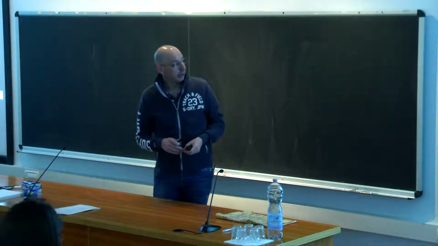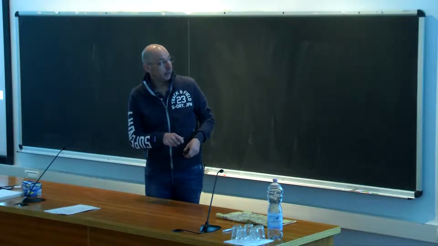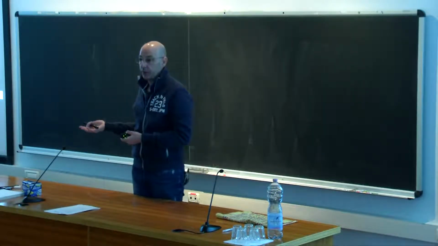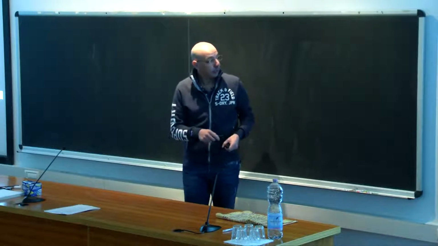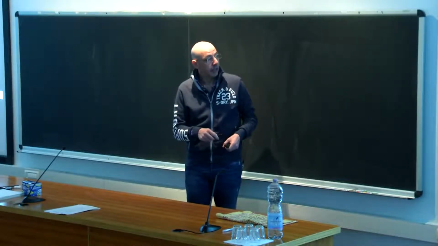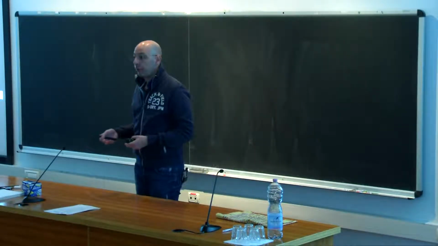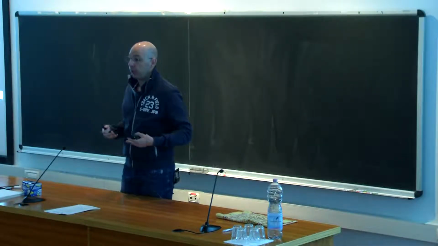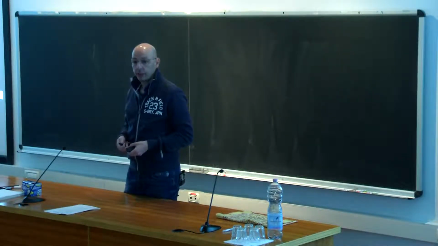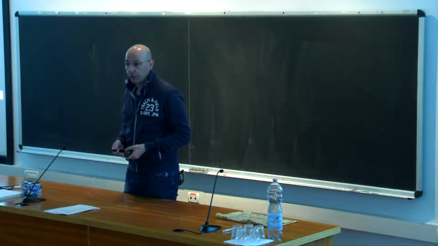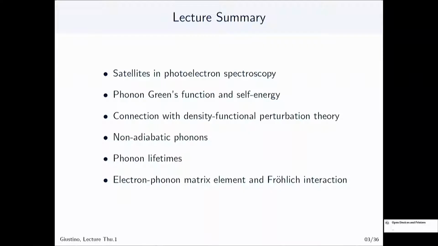And for phonons, we're going to discuss the phonon Green's functions in the same way we did yesterday for the electron Green's function. Most importantly, we're going to try to understand how the language of Green's functions can be made compatible with the calculations that we do in density functional perturbation theory. This basically will lead to introducing non-adiabatic phonon dispersions and phonon lifetimes.